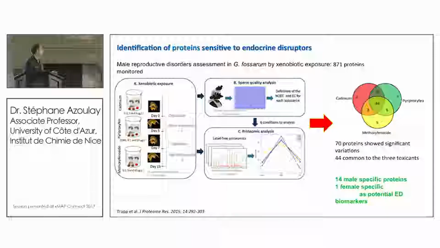And we found that 70 proteins show significant variation through exposure to the pollutants. Among them, 44 were common to the 3 pollutants, and 15 of the 44 were proteins that we identified with strong sexual dimorphism. So these could be used as potential endocrine disruptor biomarkers.